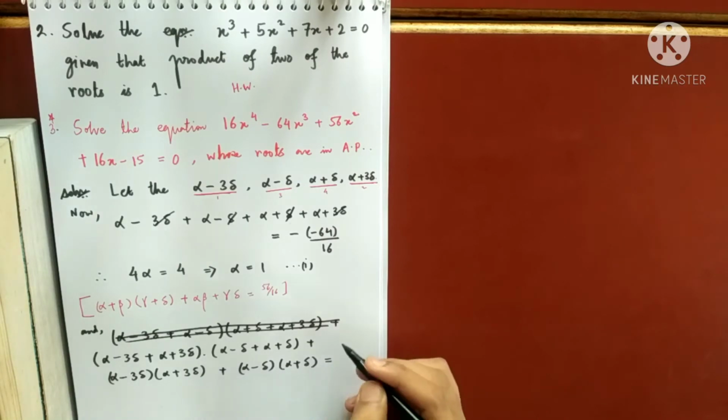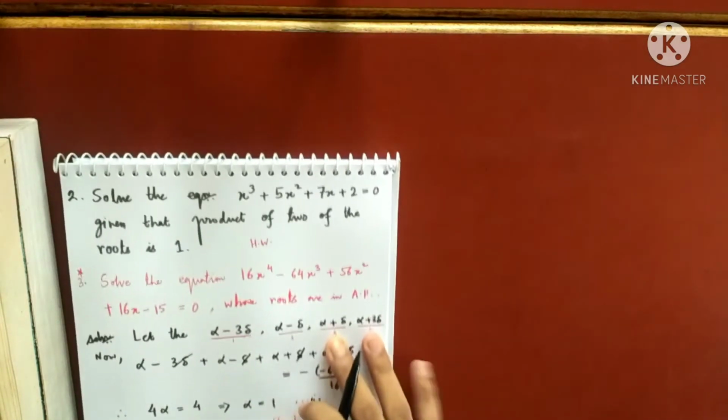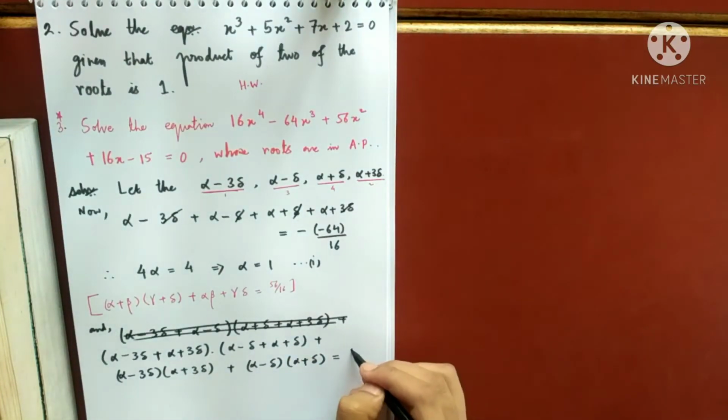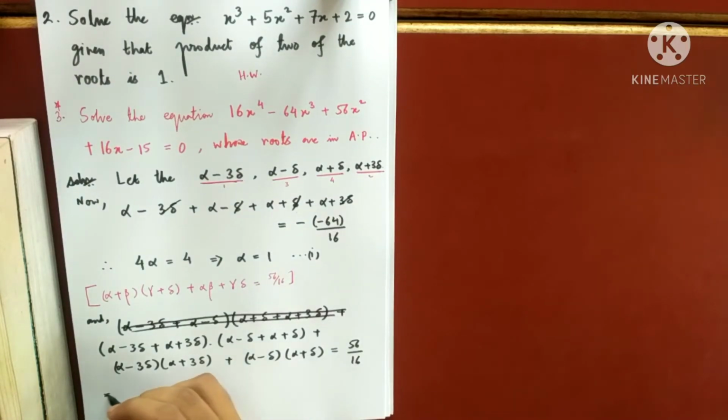This is equal to, so this is minus and this is plus, 56 by 16. So let's simplify this equation a bit.